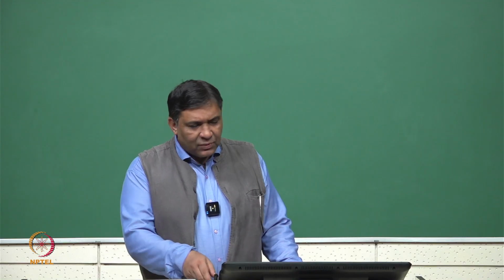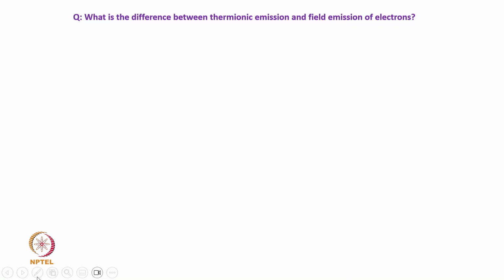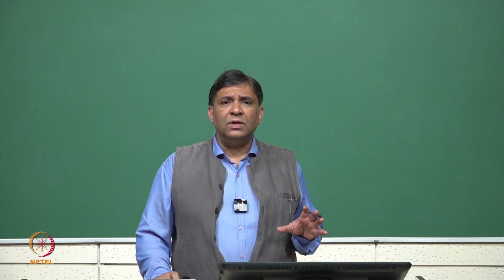So, let me ask the first question: what is the difference between thermionic emission and field emission of electrons? If you remember, I mentioned that there are different electron emission processes.